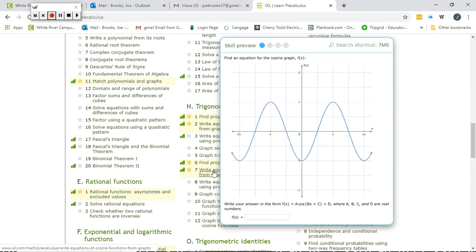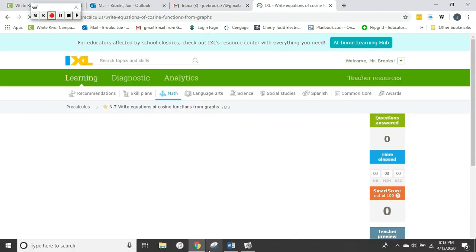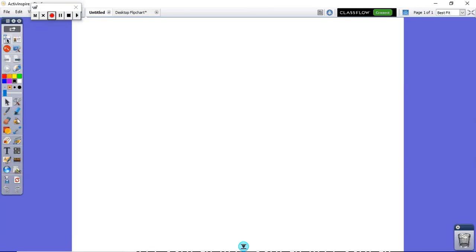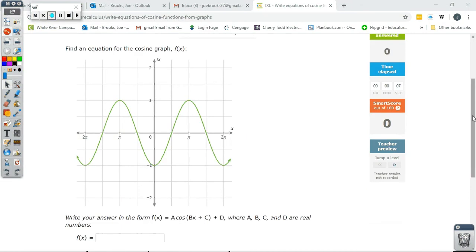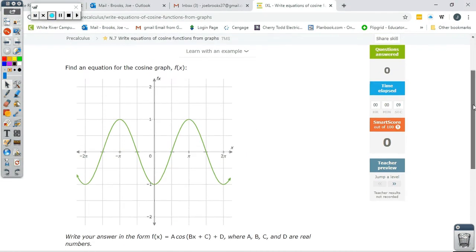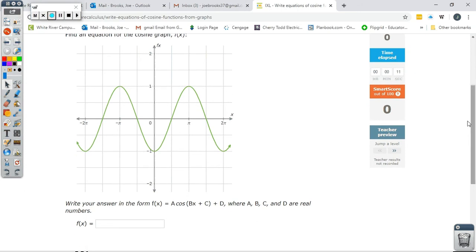So we're looking at N7. It says write the cosine function. Remember how the cosine function started at 1, went to 0, and down to negative 1. So this is inverted. This starts at negative 1, so this is going to have a negative A value, the amplitude.